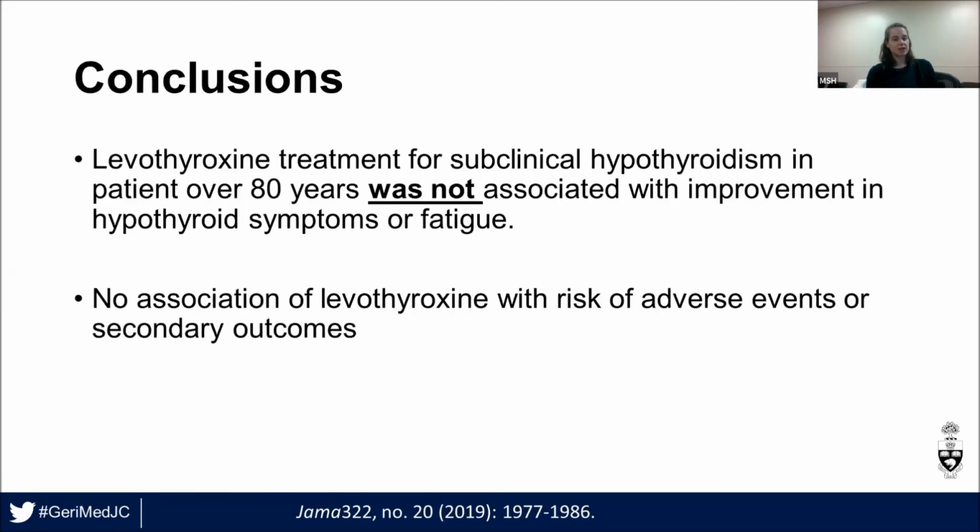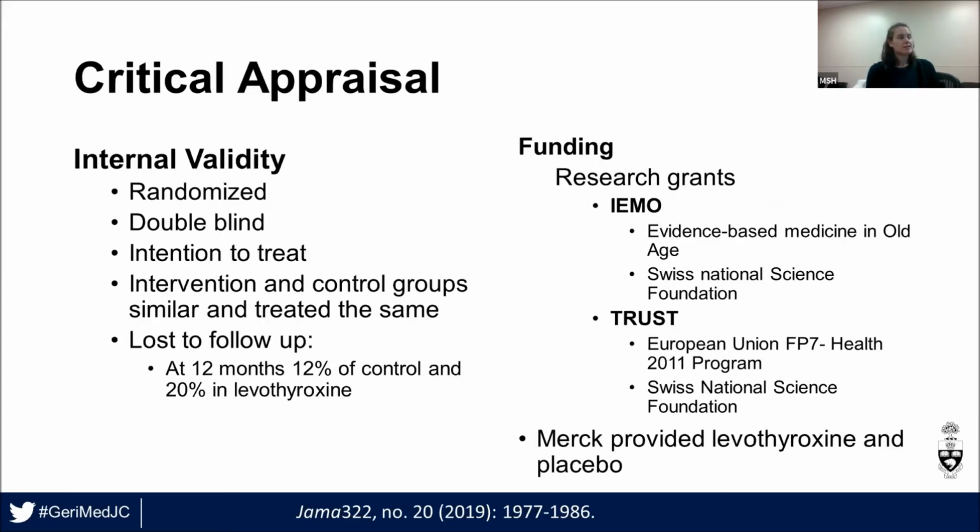So in conclusion, the levothyroxine treatment for subclinical hypothyroidism in patients over 80 was not associated with improvement in hypothyroidism symptoms or fatigue, and there was also no increase in risk of adverse events or secondary outcomes in the levothyroxine group. So critical appraisal. In terms of internal validity, this is a randomized, double-blind, intention-to-treat trial.